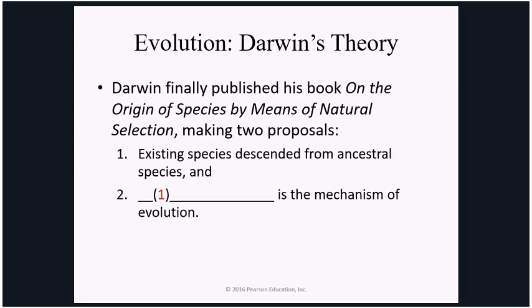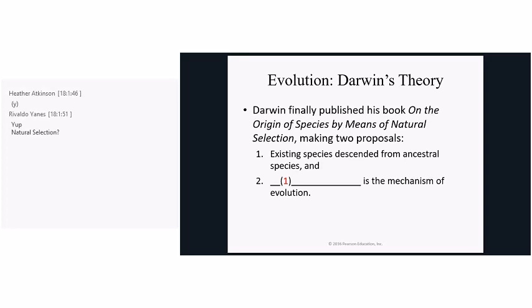So Darwin's theory has its main principle of what causes evolution to happen. Does anyone venture a guess? Natural selection, that's right.